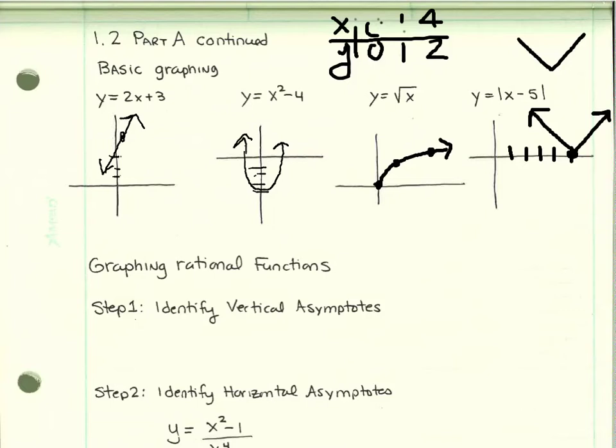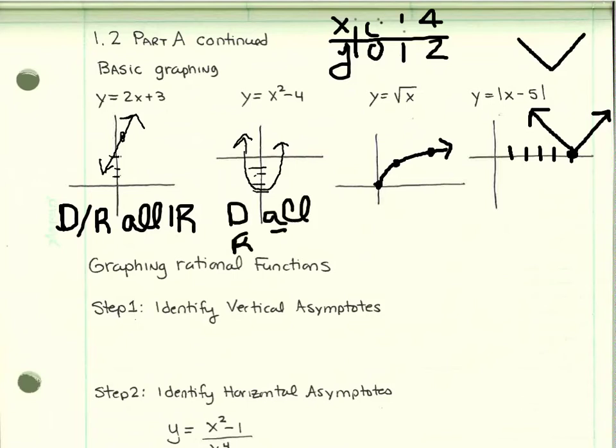But without the interval notation, on this first graph, the domain and range are both going to be all real numbers. The second graph, the domain is going to be all real numbers, but the range is going to start at -4 and go to infinity.